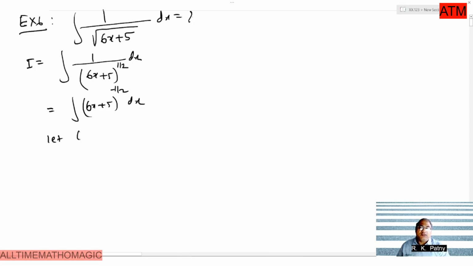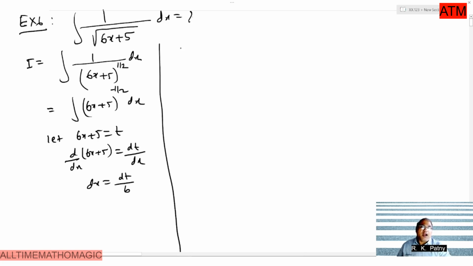Now let 6x plus 5 equal t. The derivative of 6x plus 5 with respect to x equals dt by dx. Therefore dx equals dt by 6.